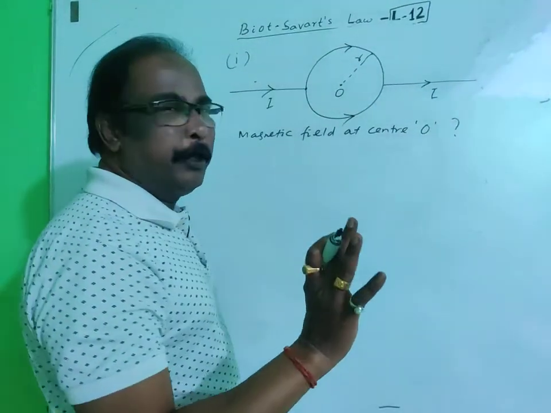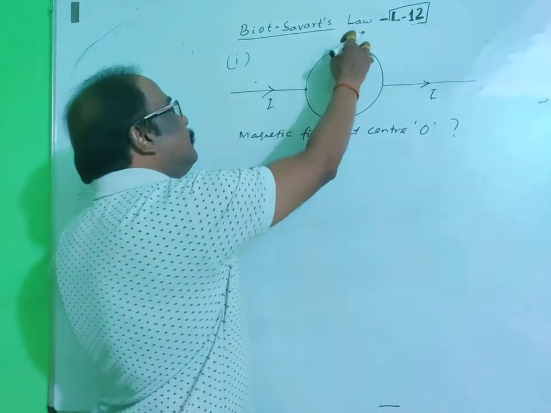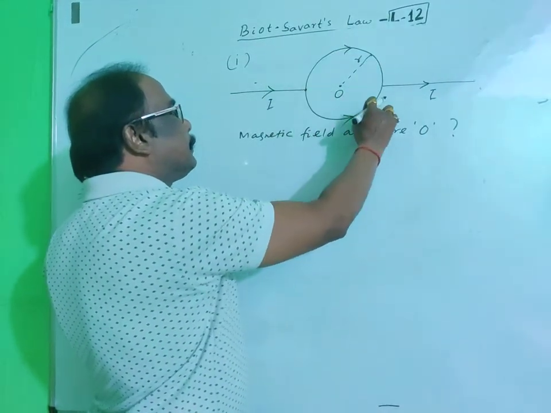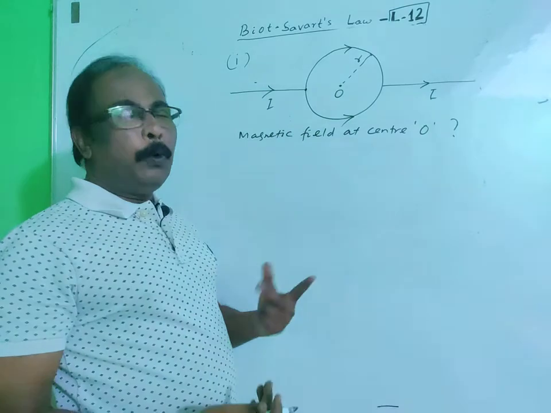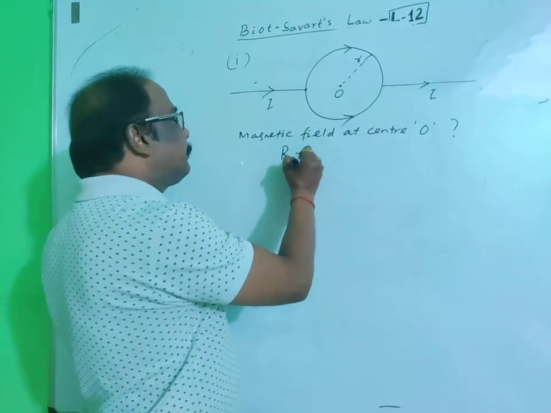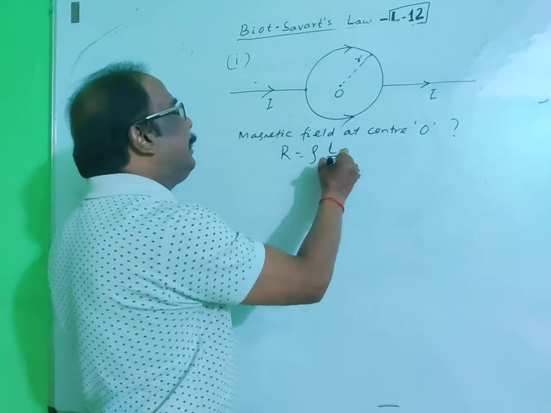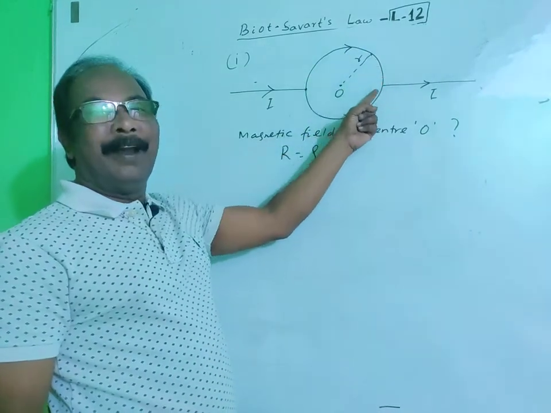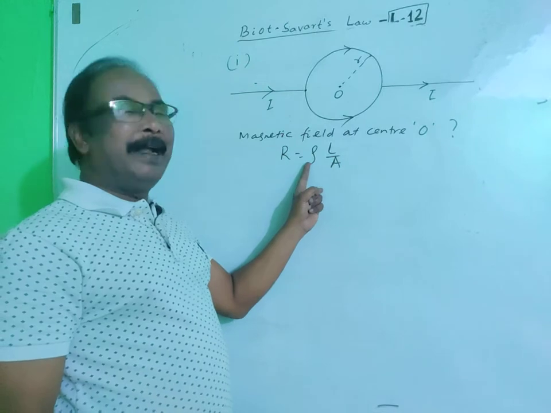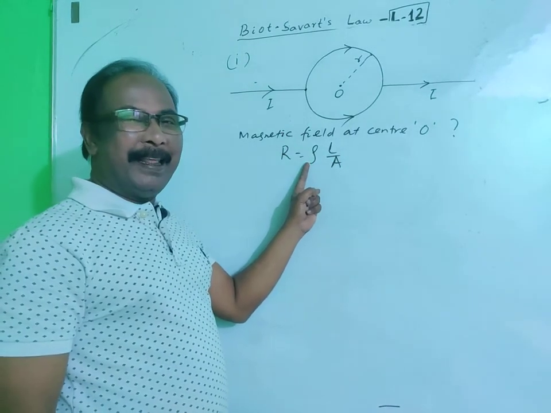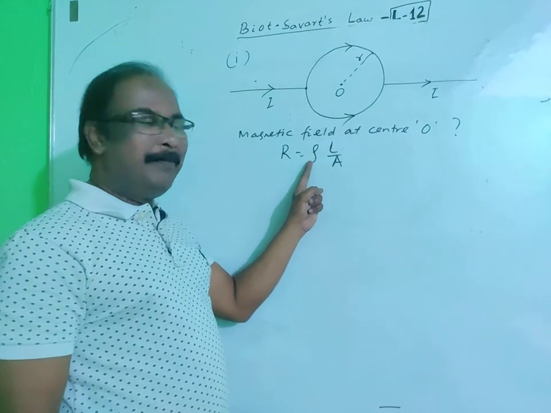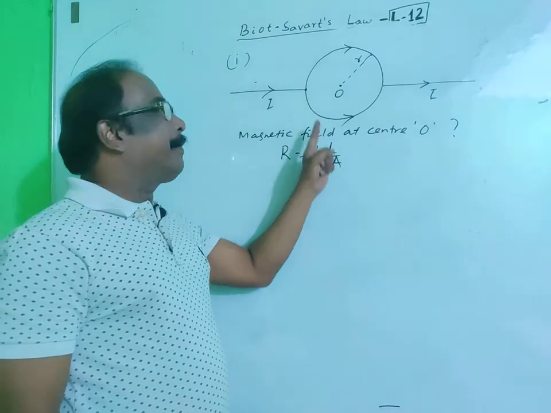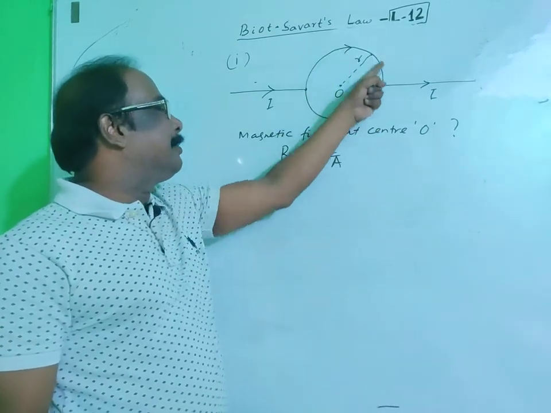This is very easy. See, this is a semicircle, this is a semicircle. As you know, the resistance of a conductor is rho L by A. Here we may consider the whole circular loop made up of the same material, so resistivity is the same, a uniform wire.